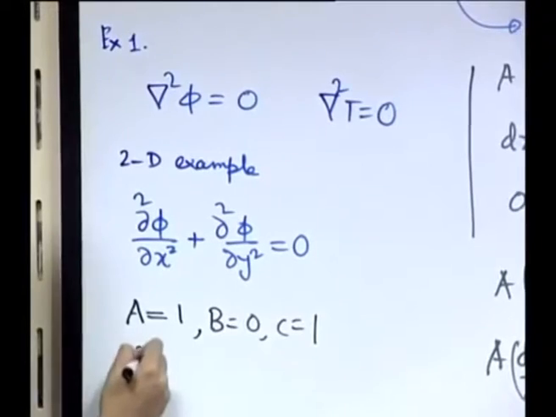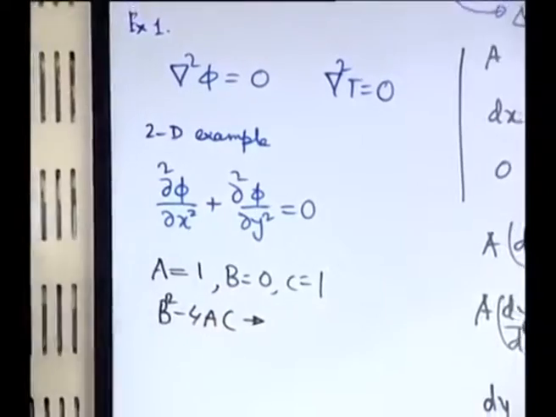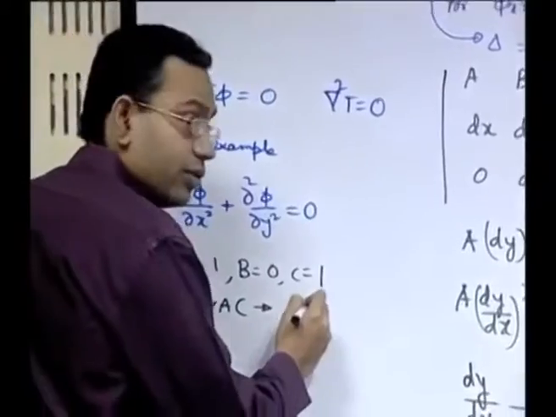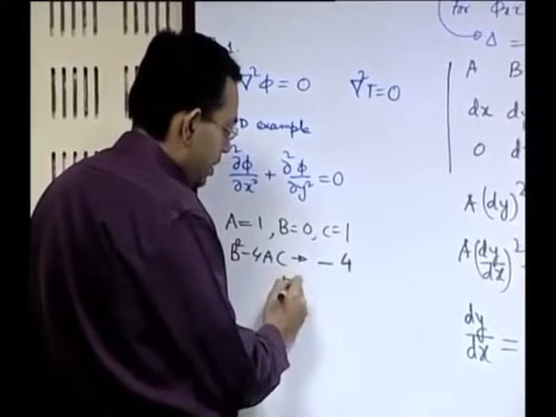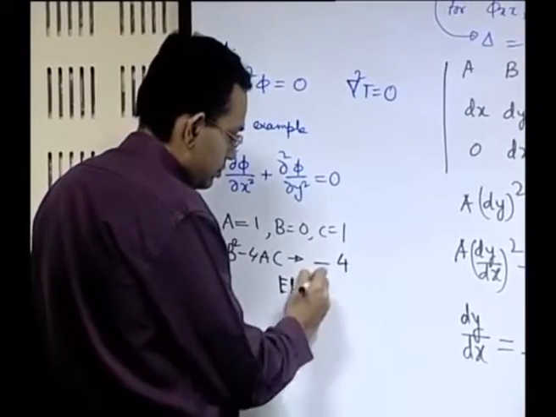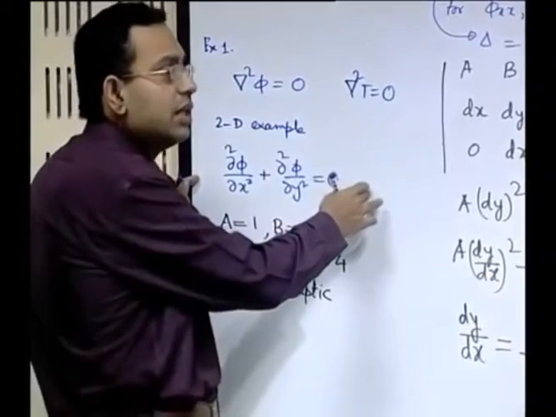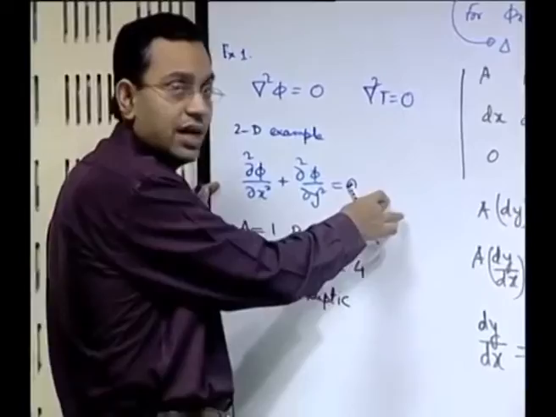So what is B square minus 4AC? It is minus 4. So that means it is an elliptic equation. The big question is, elliptic equation, so what? We understand that this equation is elliptic, but what physical meaning does it carry? Let us try to answer that.